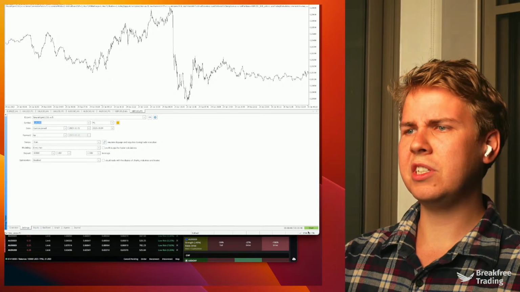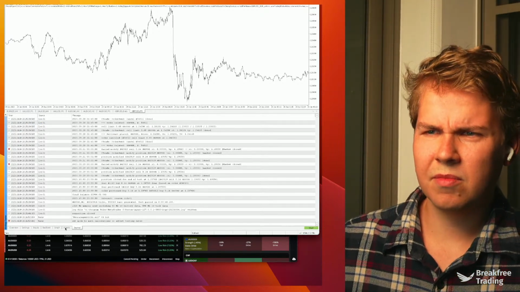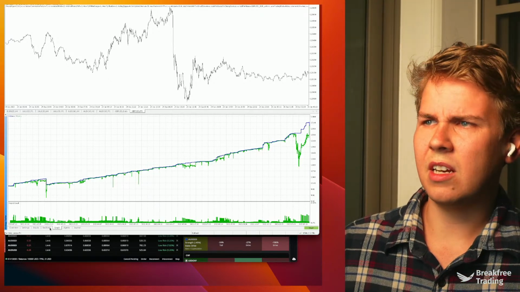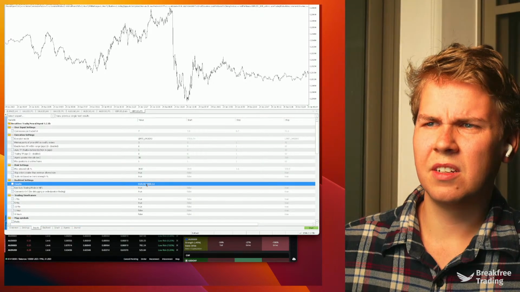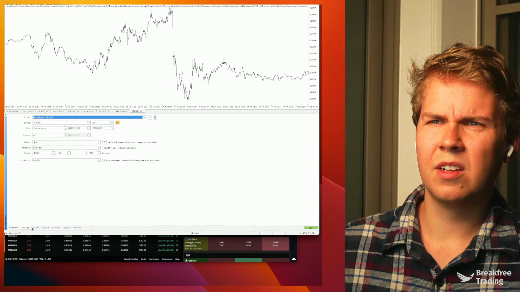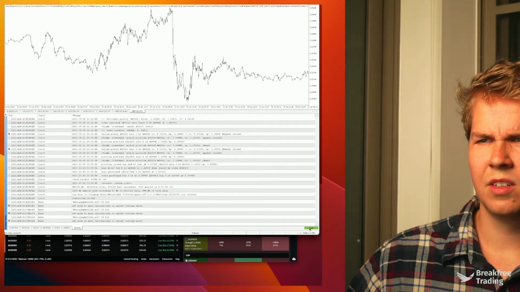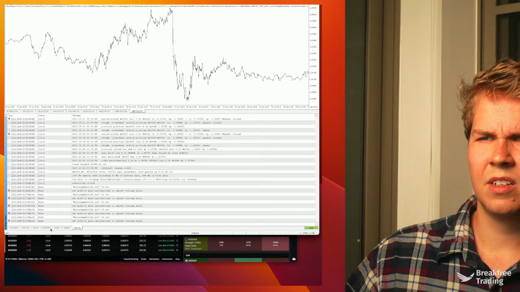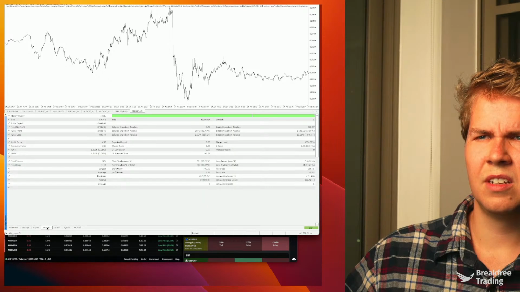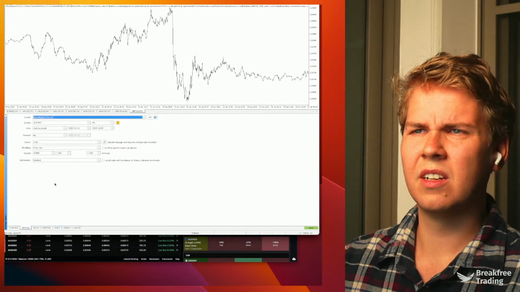You know, to generate these backtest files... hang on, what's going on here? Huh. Well, that's a new one.